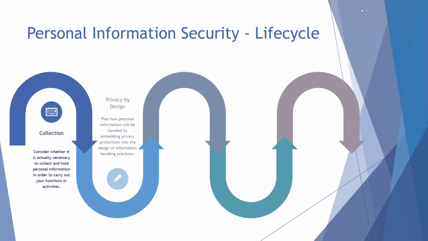And if they require it, where is that personal information? What is the scope of it? What people, processes, and technologies have been involved? And they need to consider privacy as part of the design of that scope.